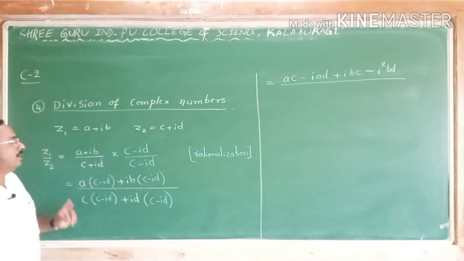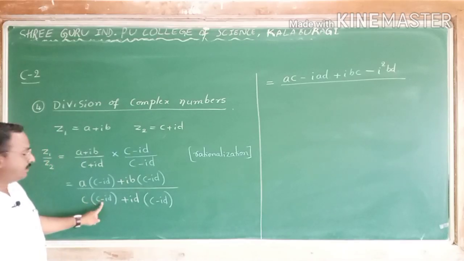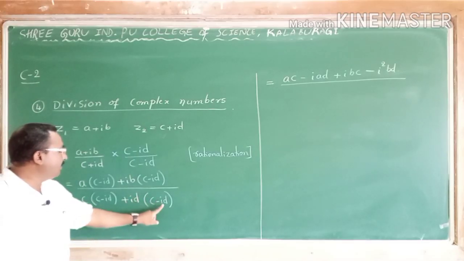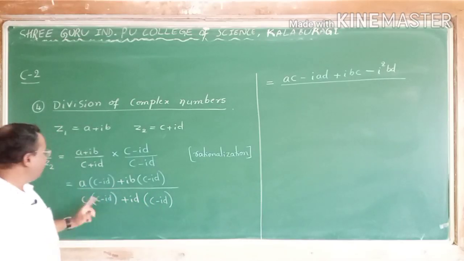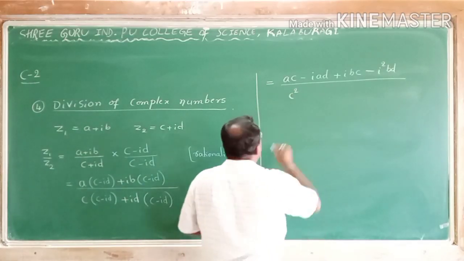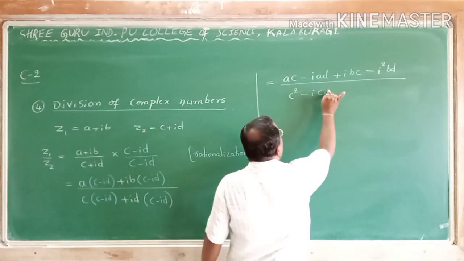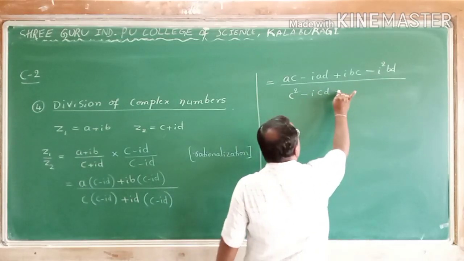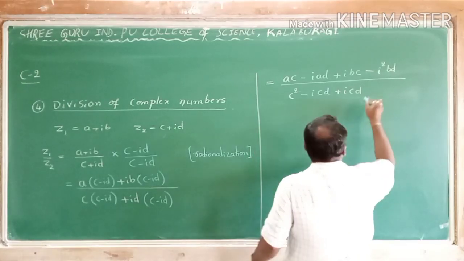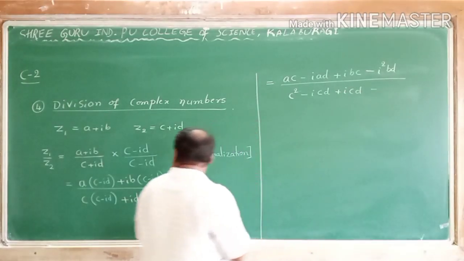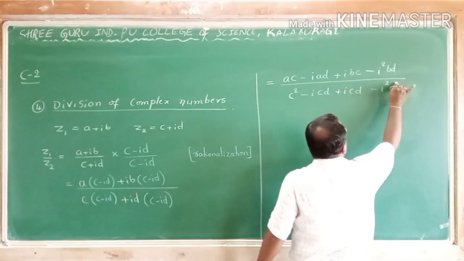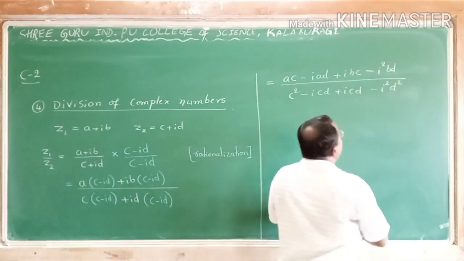Numerator product is this. Denominator product: c into c is c squared, minus i times cd plus i times cd, next plus minus i into i squared d into d, that is d squared.